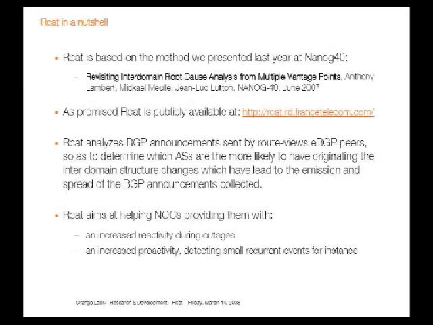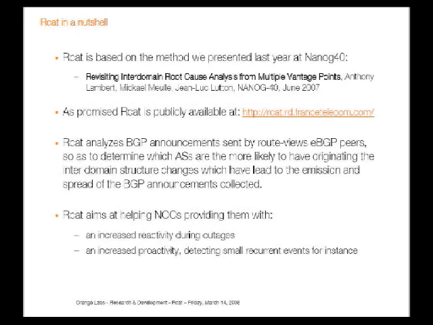It analyzes BGP announcements sent by routers connected to a route collector, such as RIS or RouteViews, for instance, and it tries to determine which ASes are the most likely to have originated the interdomain routing changes which have led to the emission and spread of the updates collected by the route collector.